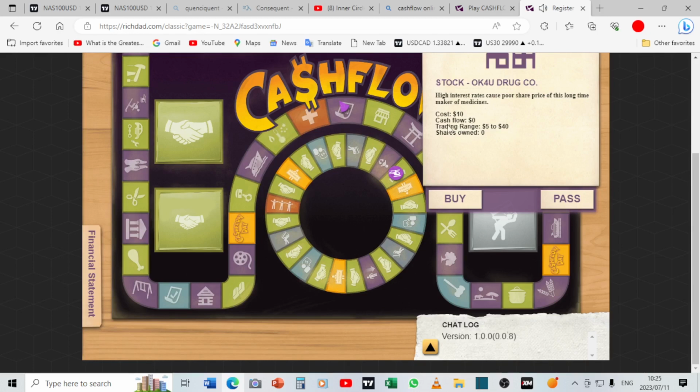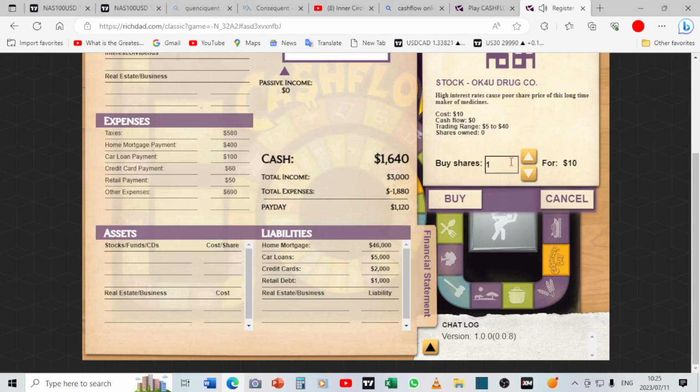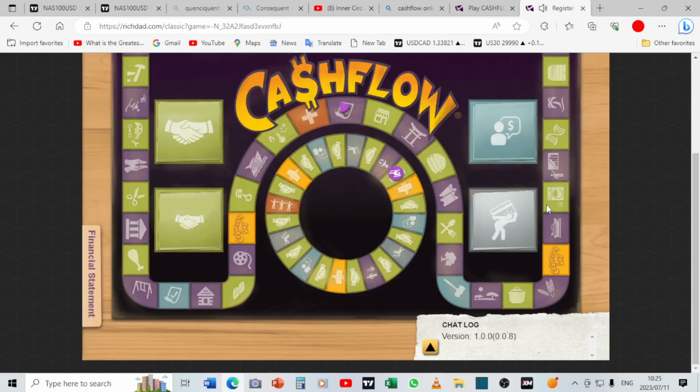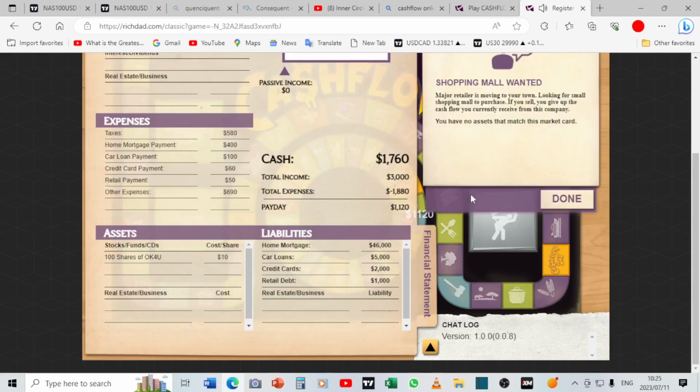Cost is $10, cash flow is 0, and then they trade. It's a stock, guys, and it trades from 5 to 10. Let's just buy a little of them. Let's buy 4,000, man, because we are getting paid.